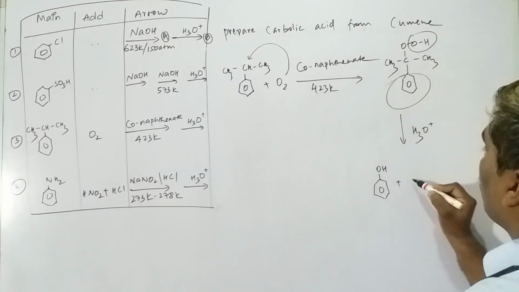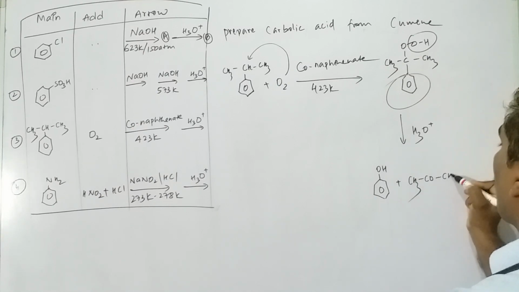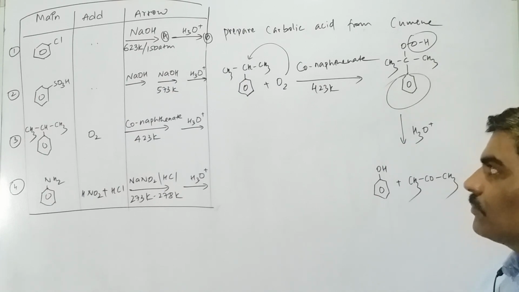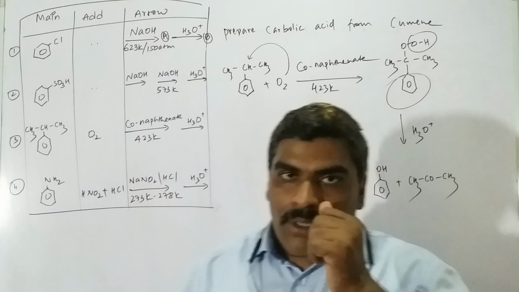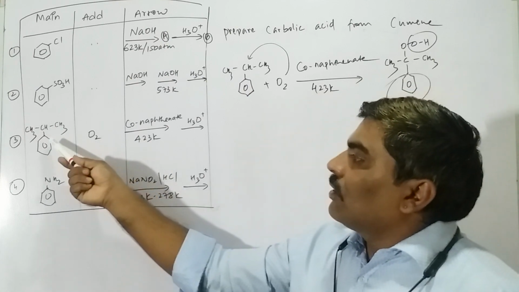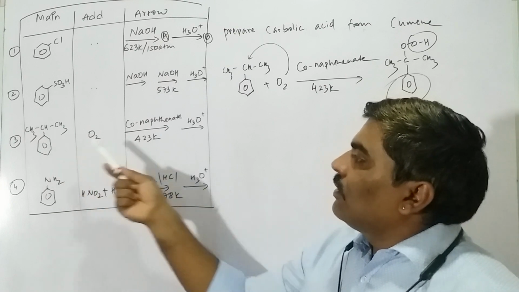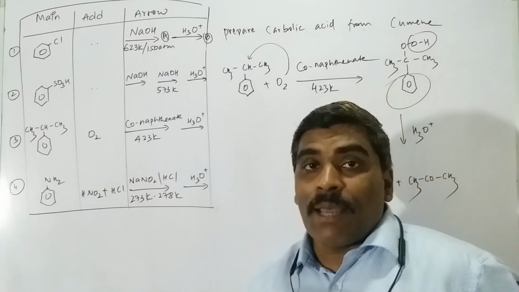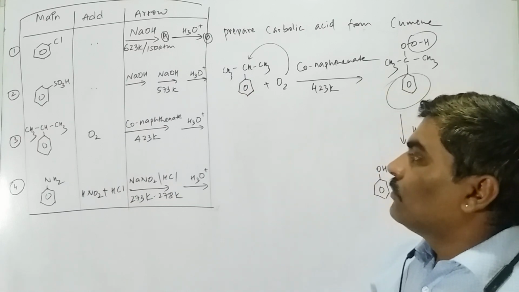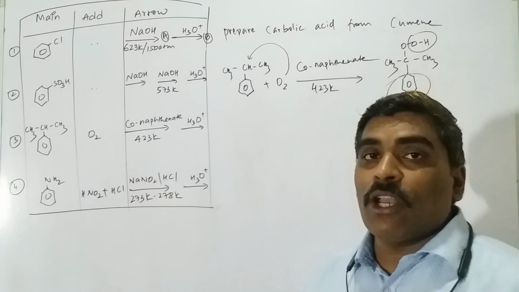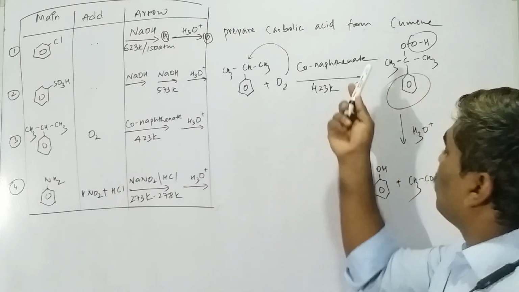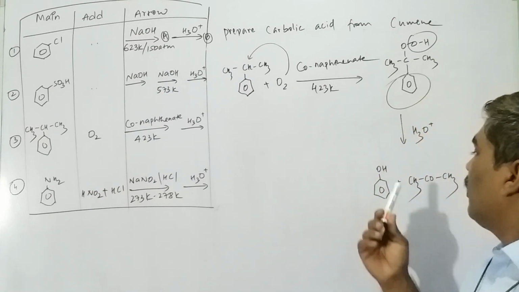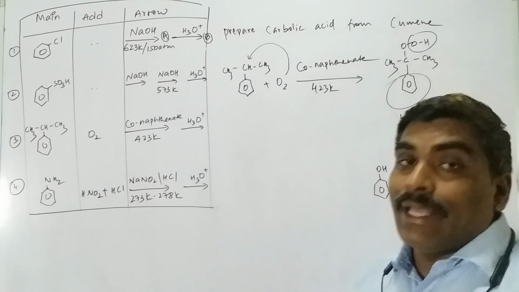And the remaining is acetone. So from this we got the idea: cumene, isopropyl benzene, is heated with oxygen in presence of cobalt naphthenate, which gives cumene hydroperoxide, which on further acid hydrolysis gives phenol, and this byproduct is important, acetone.